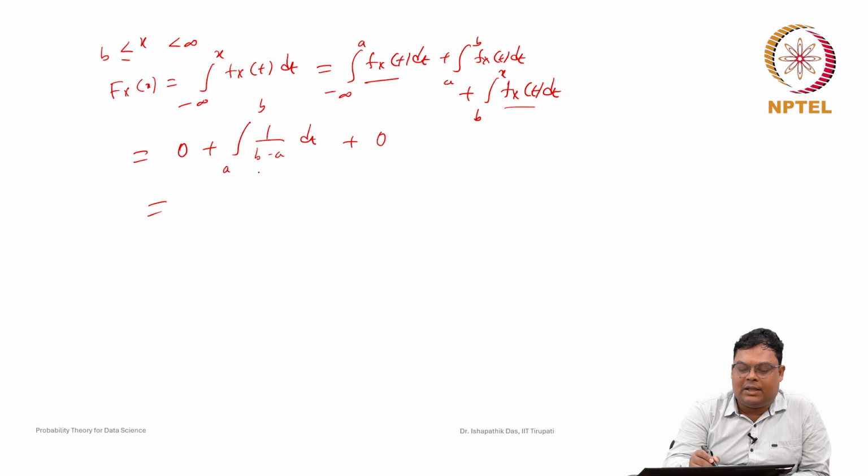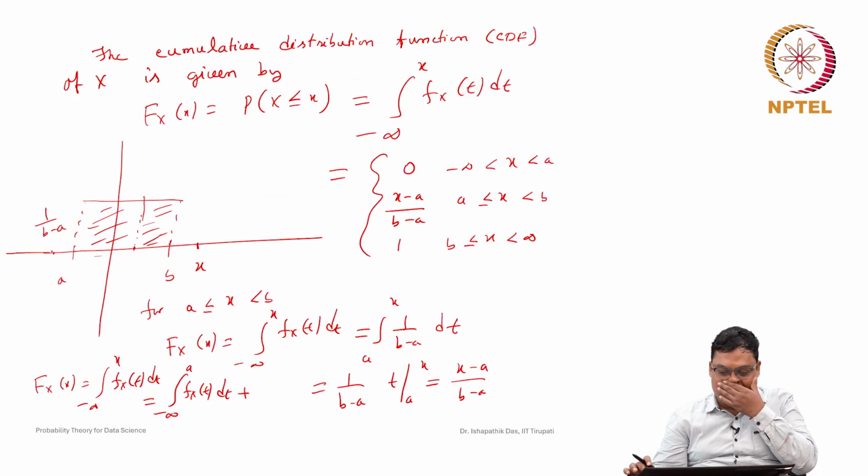So this is 1 by b minus a times t from a to b, which is b minus a by b minus a, equal to 1. That is why the distribution function looks like this.